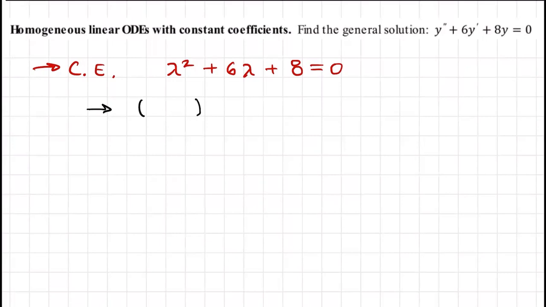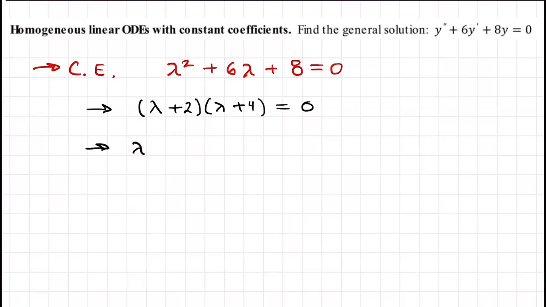So we're going to have our two parentheses here equal to 0. So we have lambda and lambda over here, and plus and plus, because all numbers are positive, and it's something that gives me 8 and also adds up to 6. So 2 times 4 is 8, and 2 plus 4 does in fact give me 6. So that's that. So now let's solve for the roots.